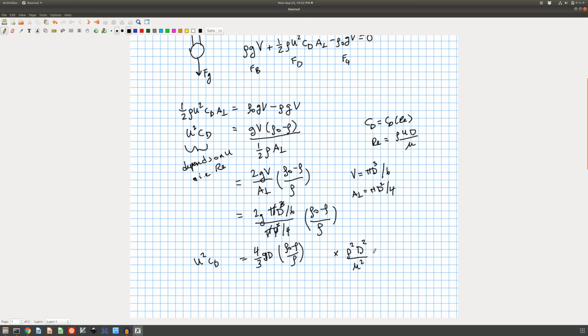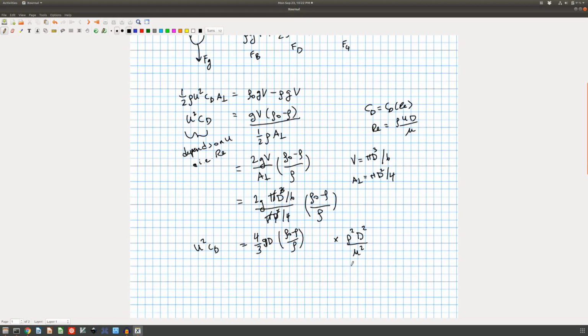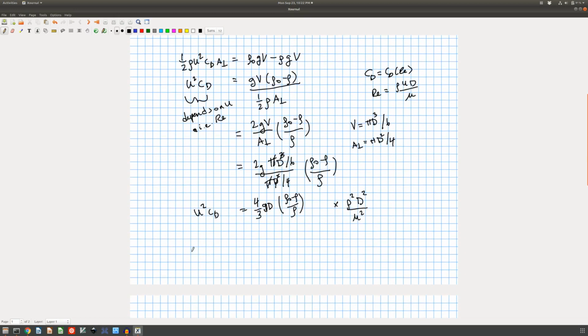So now I get rho squared u squared d squared over mu squared times CD. And over here I get 4/3, and then I have gd cubed multiplied by rho 0 minus rho over rho, and I have a rho squared over a mu squared.